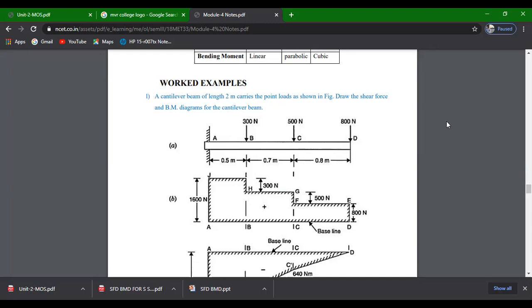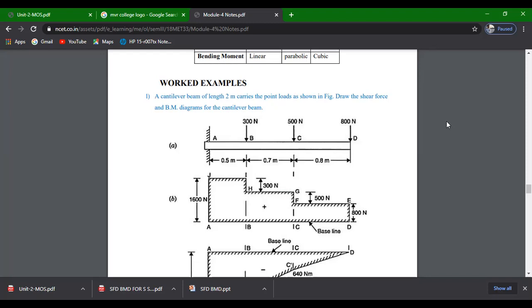In case of SFD, any external force which acts on the body, all downward forces will be positive. In case of BMD, all downward bending moments will be negative.